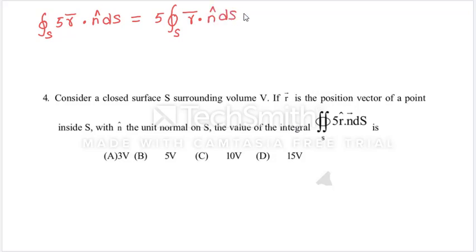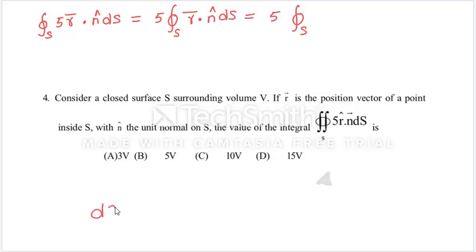Now n cap is a unit normal vector, so by combining this we can write it as 5 into closed surface integral of r bar dot n cap dS.